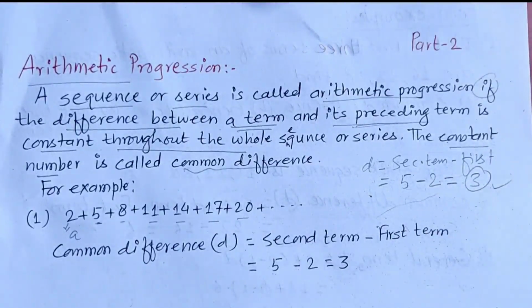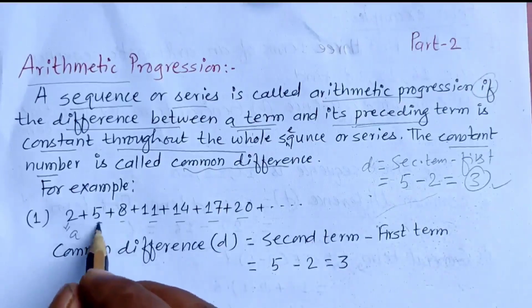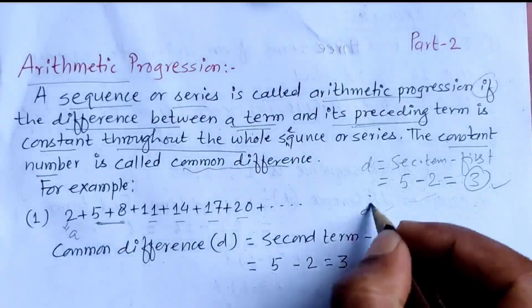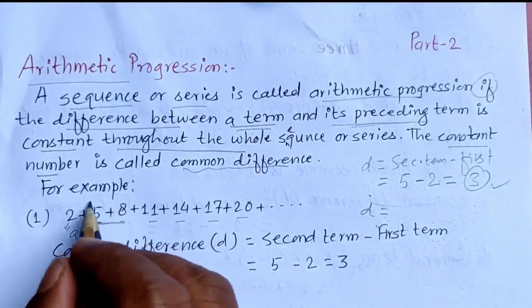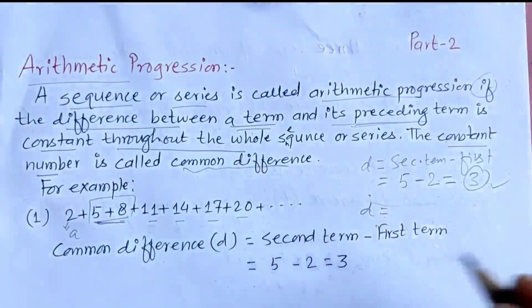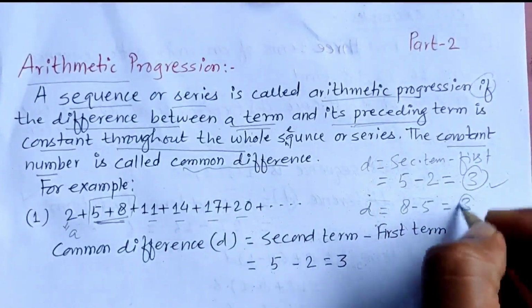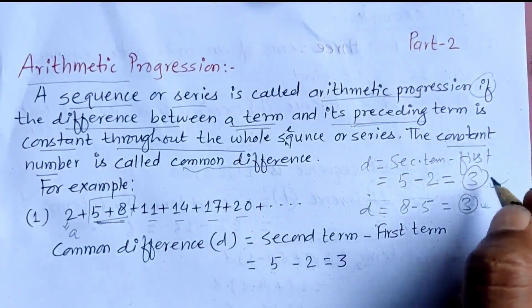Similarly, you can find the common difference from the two terms 5 and 8. If you take 5 as the first term and 8 as the second term, then 8 minus 5, again you will get the same number 3, which is constant.